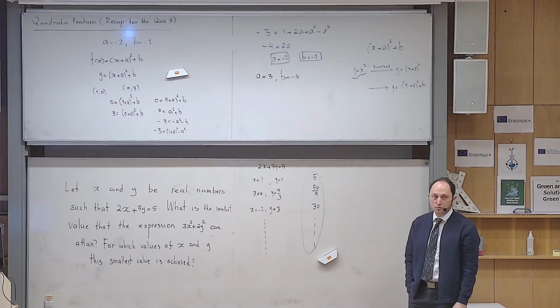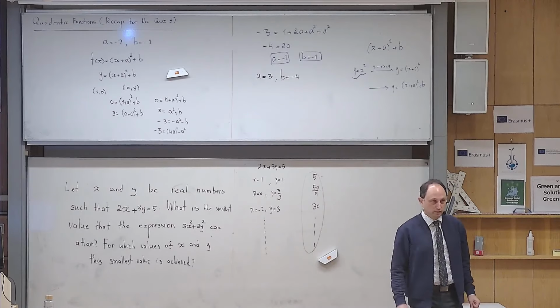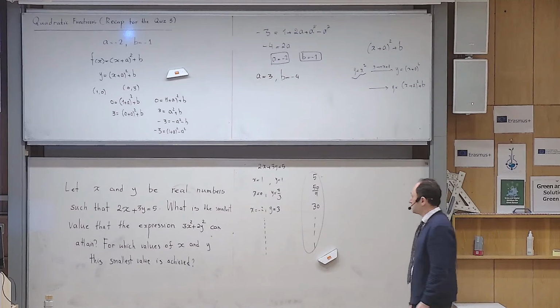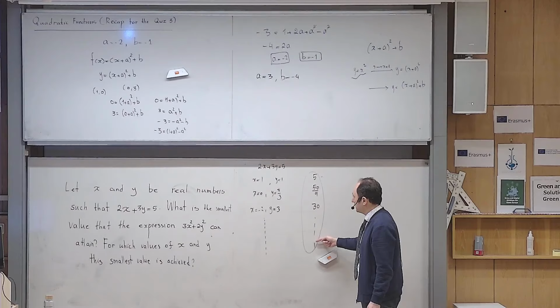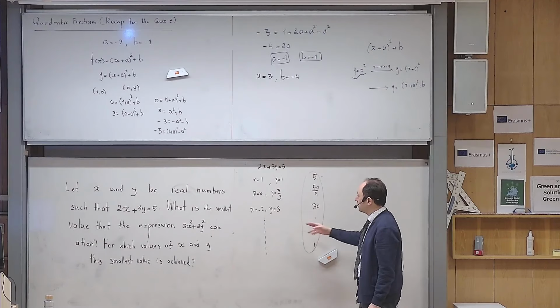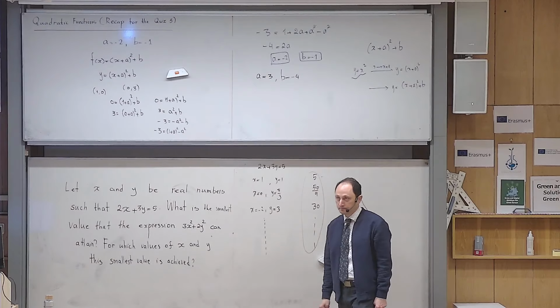And it is not possible to find all possible numbers because there are infinitely many of them. So I need to find a way to find the lowest value that one can achieve, and I want to know for which pair I can get that minimum value.